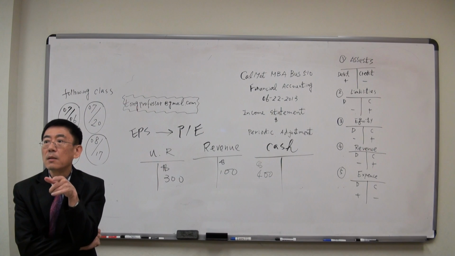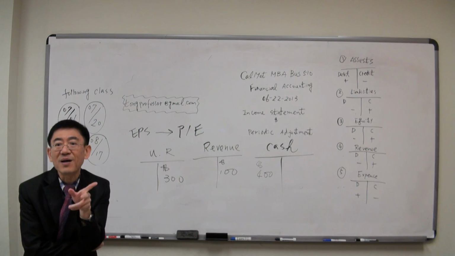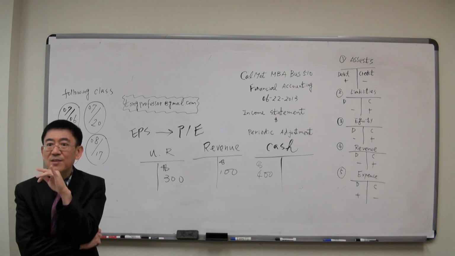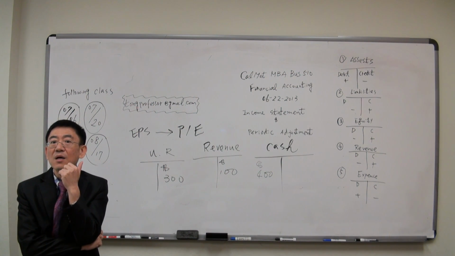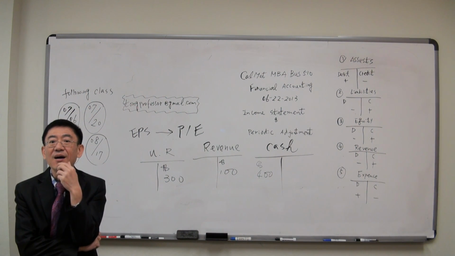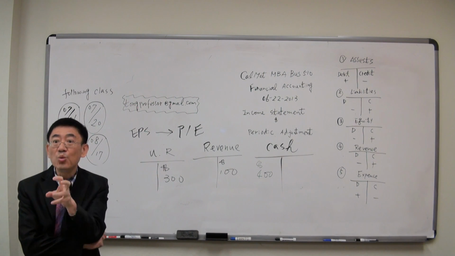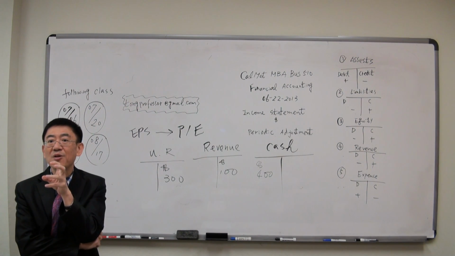How about by the end of next month? By the end of next month, we earn another $100. By the time we earn this $100, what should we do?